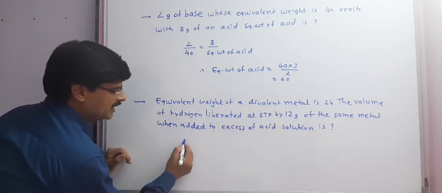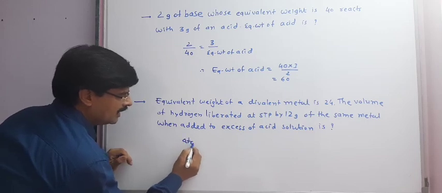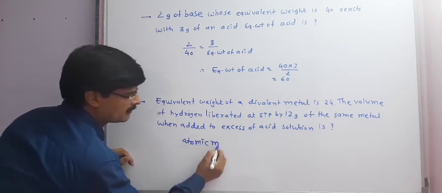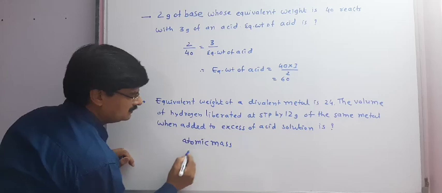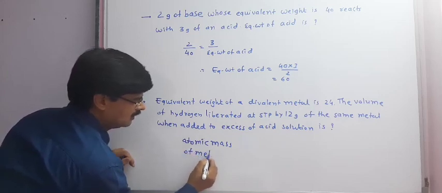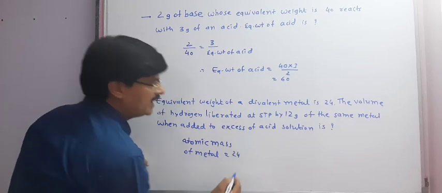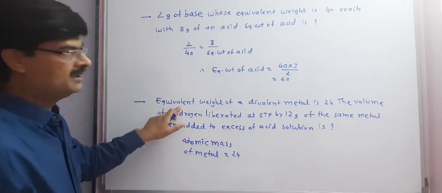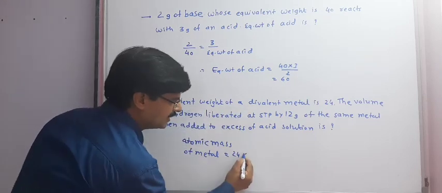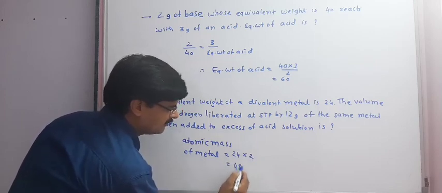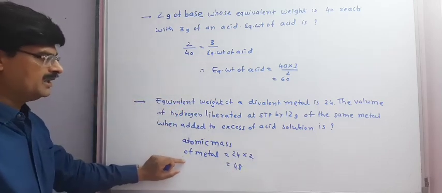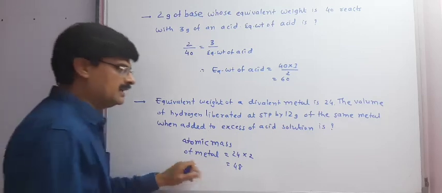So from that we can find out atomic mass of metal is equal to 24 is the equivalent weight and it is divalent, so multiplied by 2 we will get 48 gram. Atomic mass of metal is equal to 48 gram.